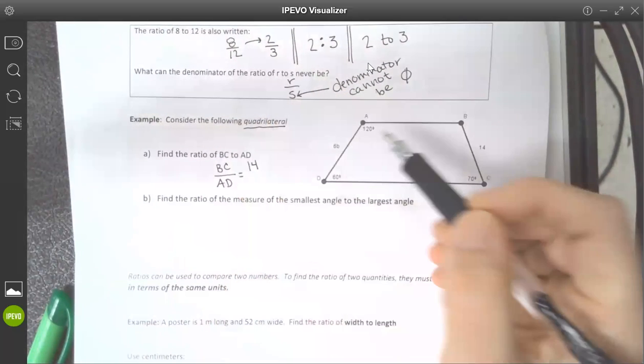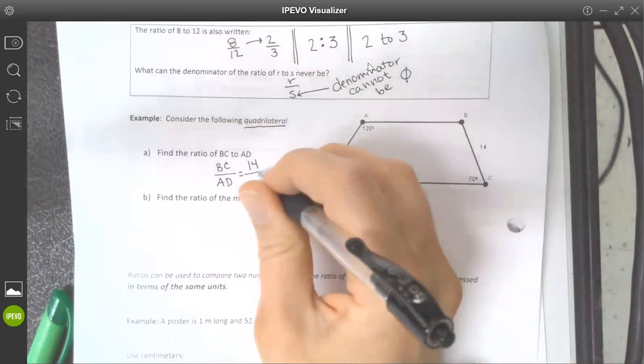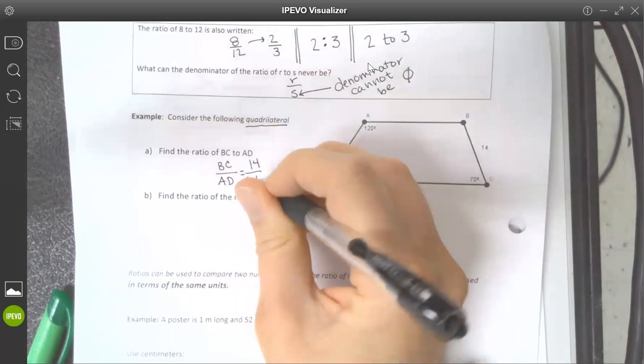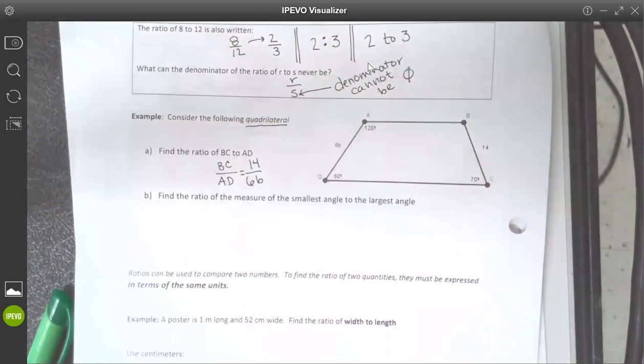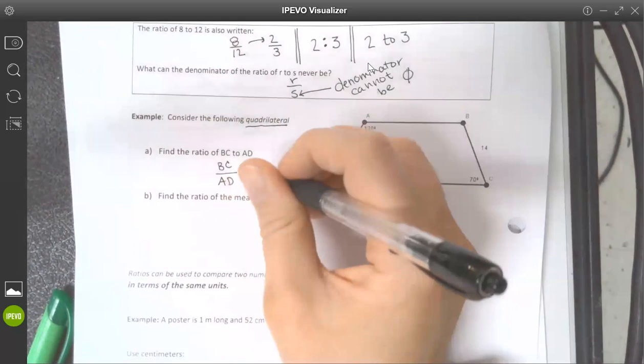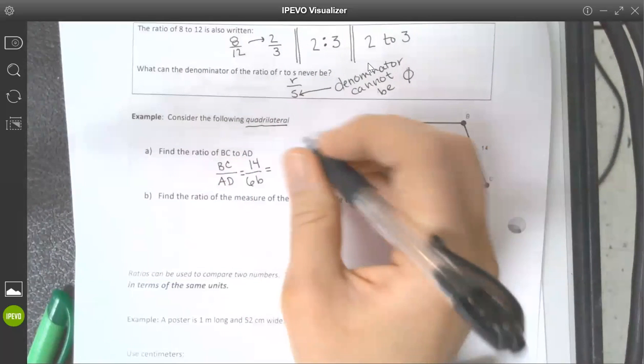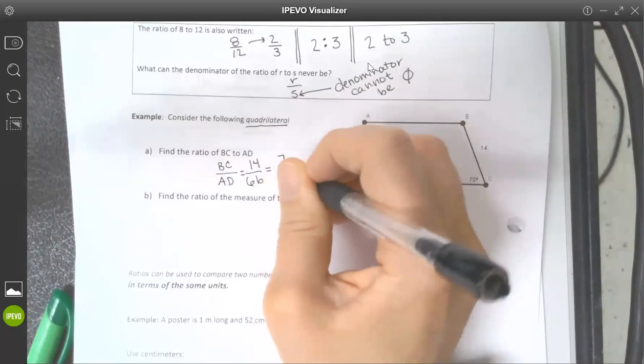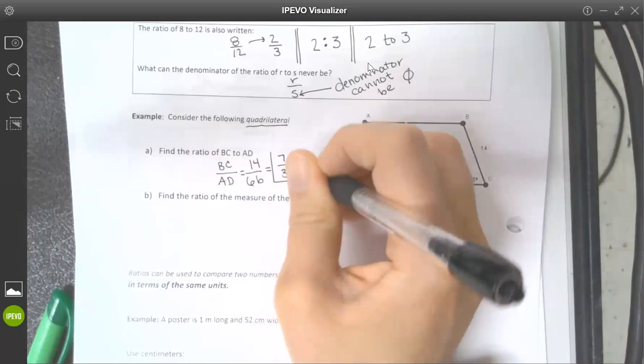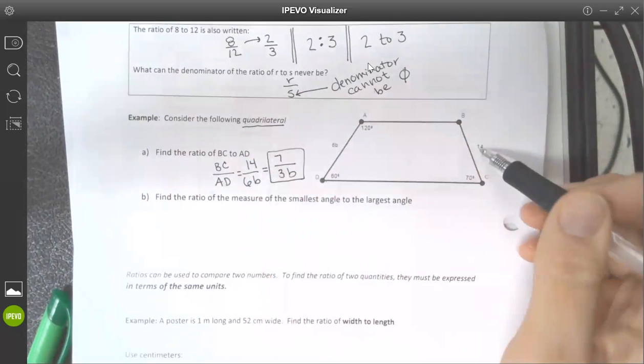And AD, which is over here, has a variable. So it's over 6B, that's fine. Now I can't do anything with that, but I can reduce the 14/6. So even though I have a variable, I could reduce this and divide by 2 and write it as 7 over 3B is the ratio from this side to that side.